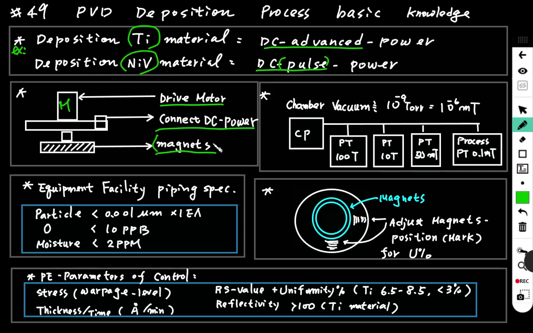The magnet affects the uniformity very much. The uniformity, good or bad, depends on the gas steady condition, the power, the target condition, and also the magnet.